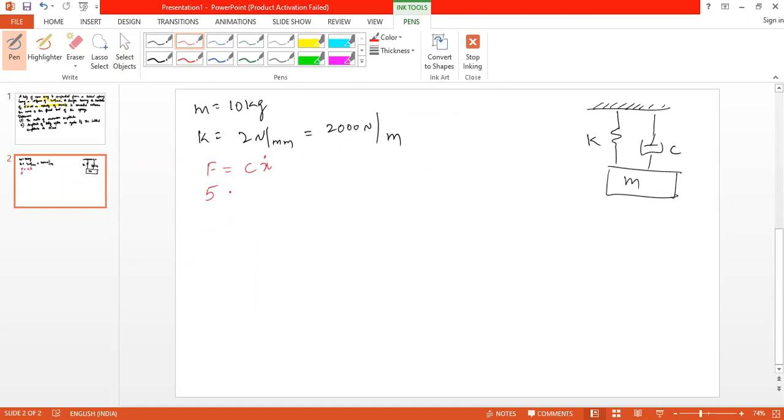So here the force of 5 Newton with a velocity of 0.1 meter per second. Okay, therefore C is 5 by 0.1, that is equal to 50 Newton. The unit of 0.1 is meter per second, so the inverse is second per meter.